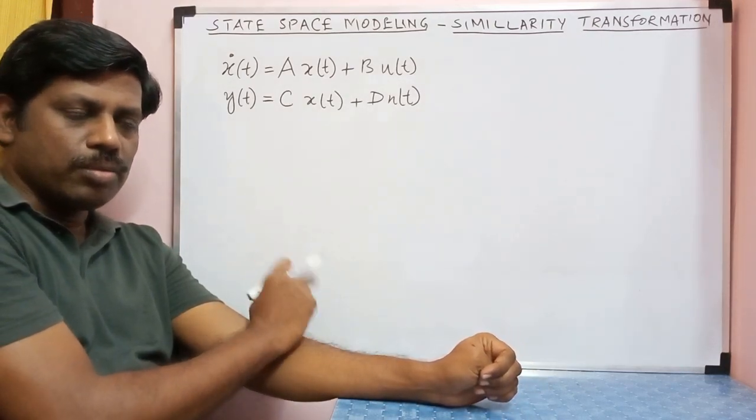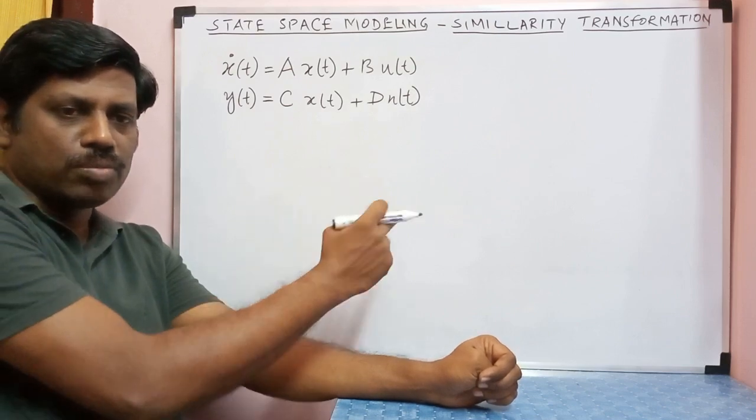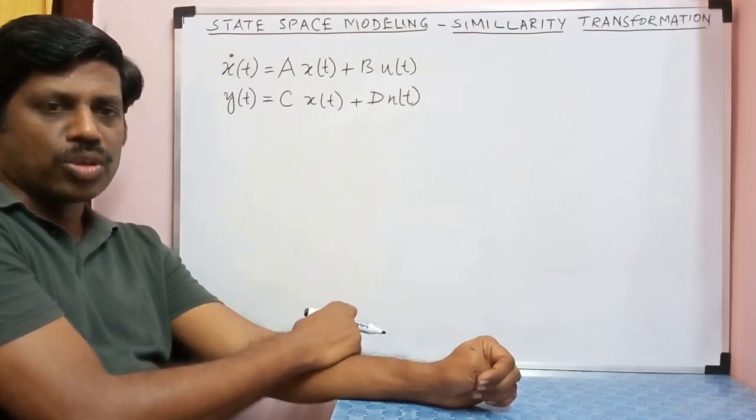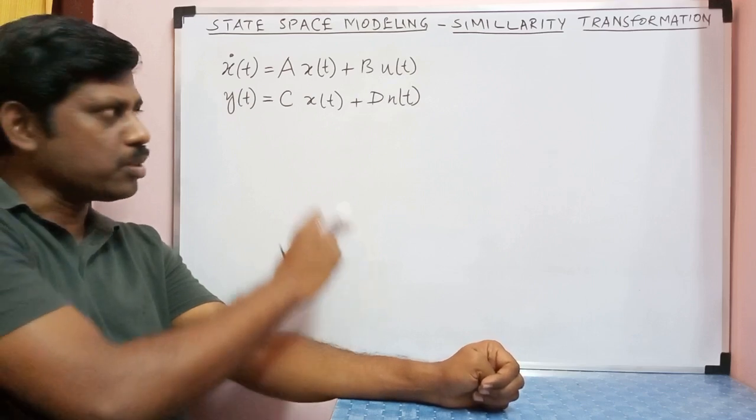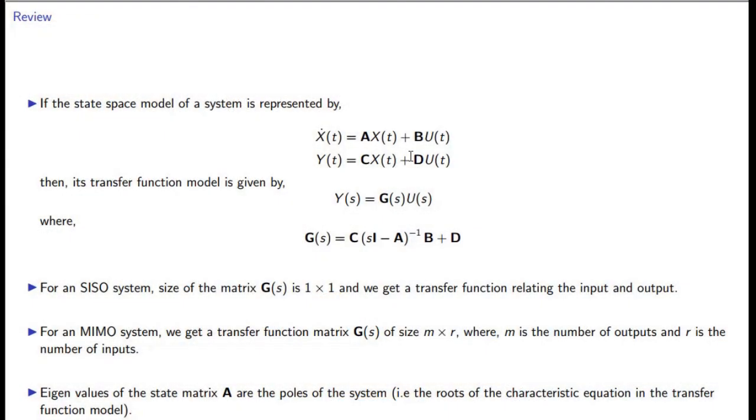How a state space model can be transformed to the transfer function model is what we learned in the last class. If I have a state space model of this, then the transfer function model is given by Y(s) = G(s) U(s), where G(s) = C(sI - A)^-1 B + D. From that expression I can get the transfer function model for the system.